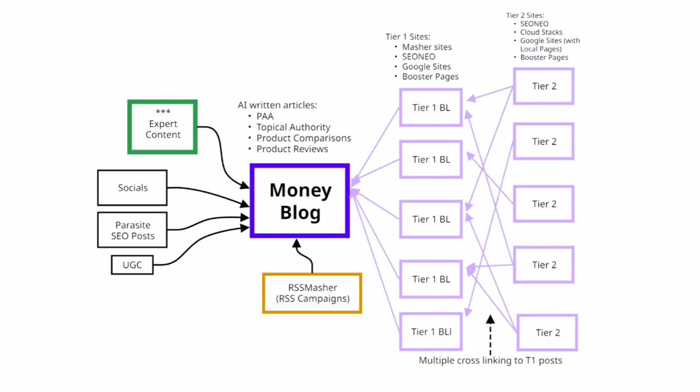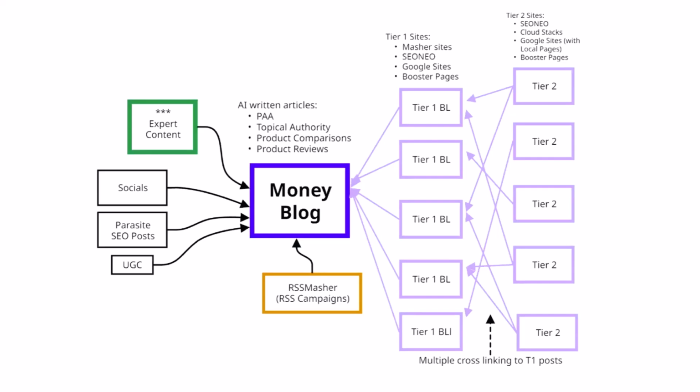It's just slightly varied using different rewrites on it. Okay. And those all will point back to a blog post or a money page or a sales page or a funnel. Okay. Yeah. So that's what that means.